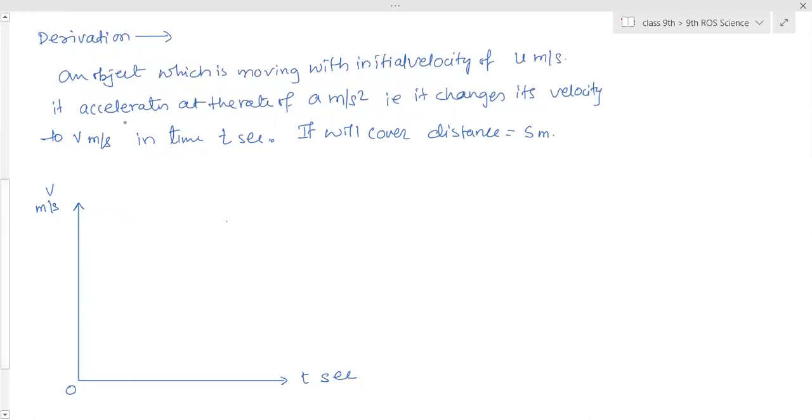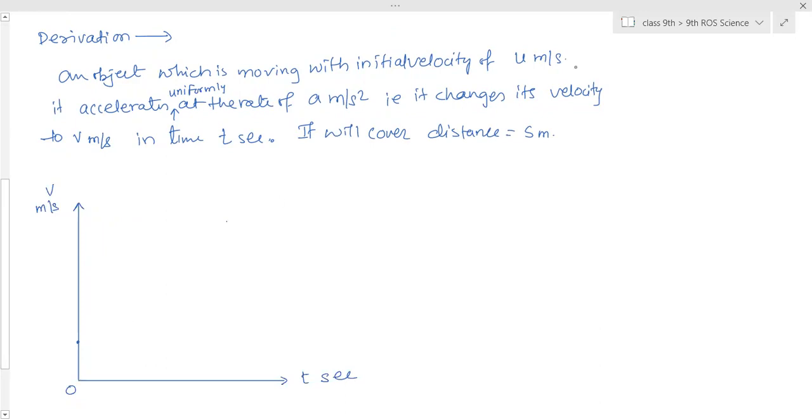And it accelerates uniformly. For uniformly accelerated motion, which type of graph will we get? It will be a linear graph, a straight, inclined line. But it is not starting from 0.